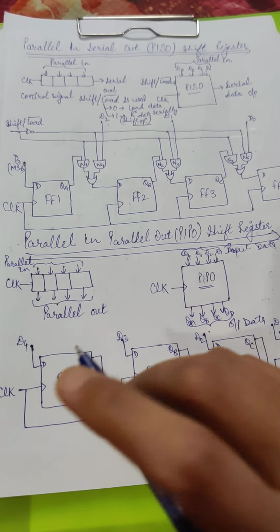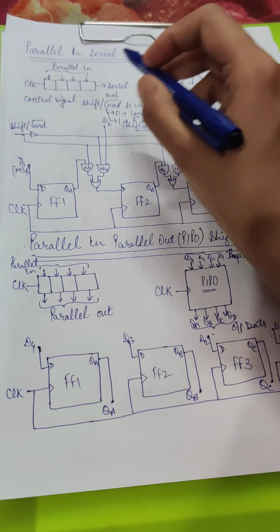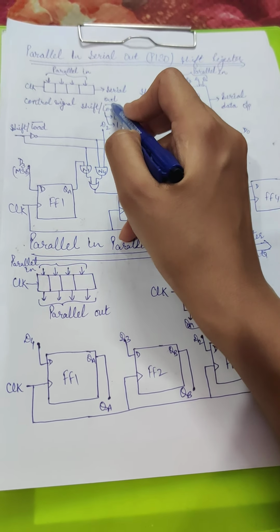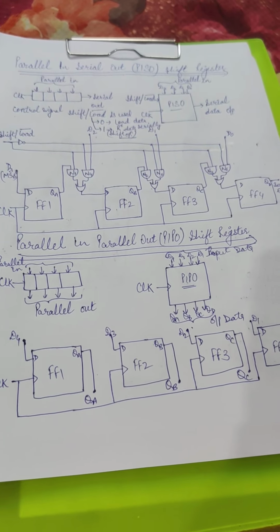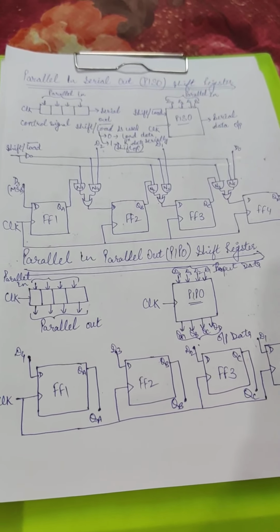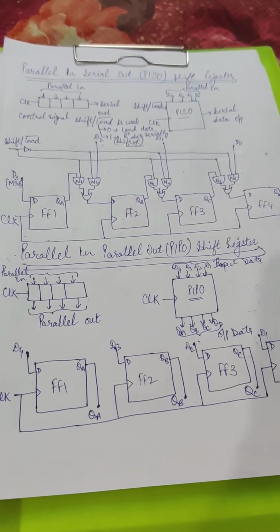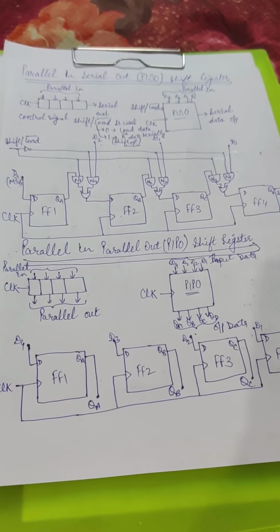Now next shift register is parallel in serial out shift register. Parallel in means the inputs are taken parallelly, means all the 4 bits of the input are taken at the same time and output is serially.